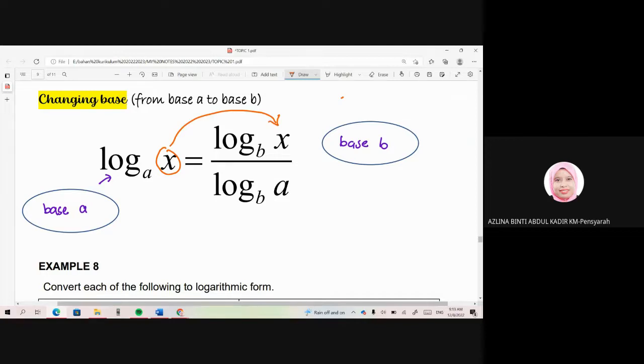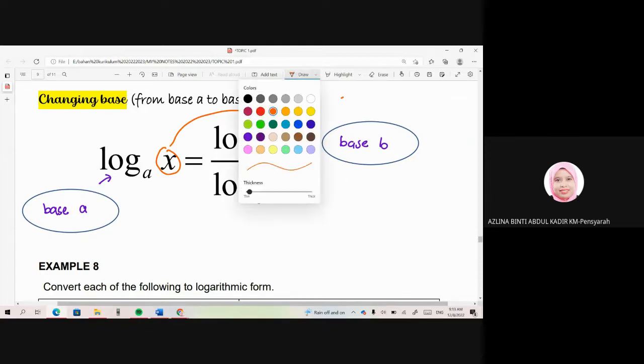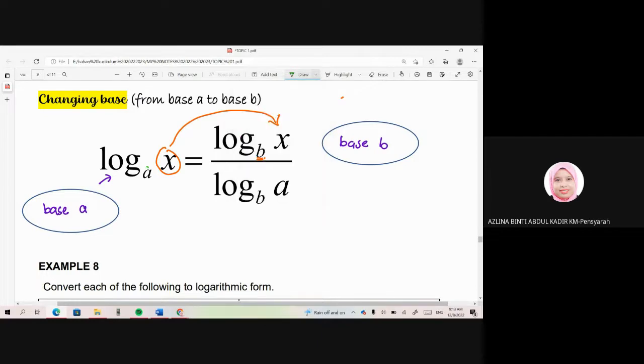So log x base B, this is where we change the base. Base B. And then for base A, in the denominator, log A base B. So we get from base A changed to base B.